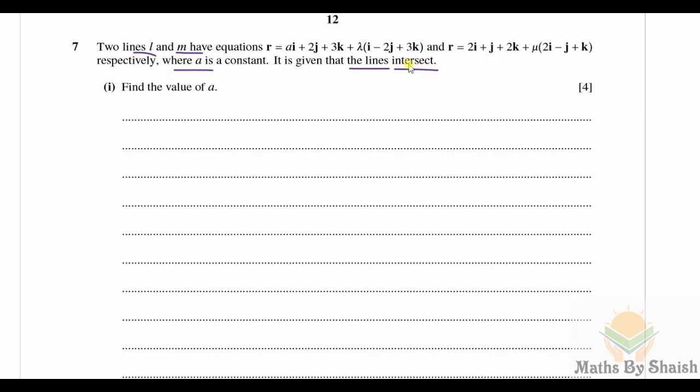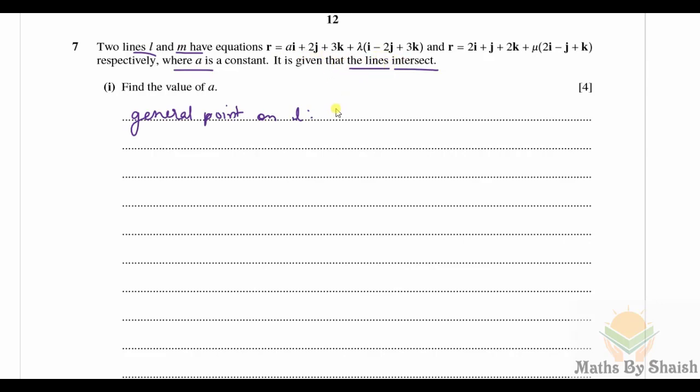If the lines are intersecting, it means if we take any general point on the line, and if we equate them, there would be a fixed lambda and mu for which this will be satisfied. So we'll start by writing the general point on line L. It is going to be i components together, j components together, and k components together.